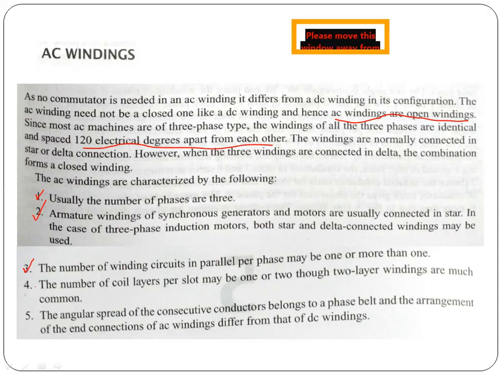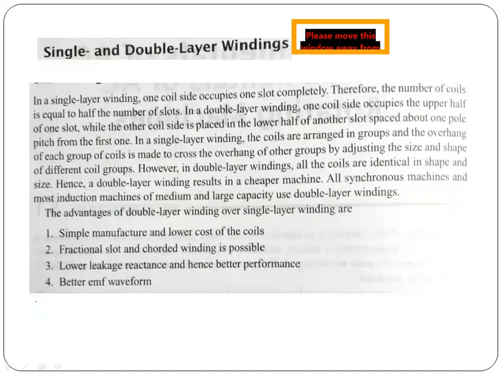Fourthly, the number of coil layers per slot may be one or two, though two-layer windings are much more common. And fifth, the angular spread of consecutive conductors belonging to a phase belt, and the arrangement of the end connections of AC windings, differ from DC windings.